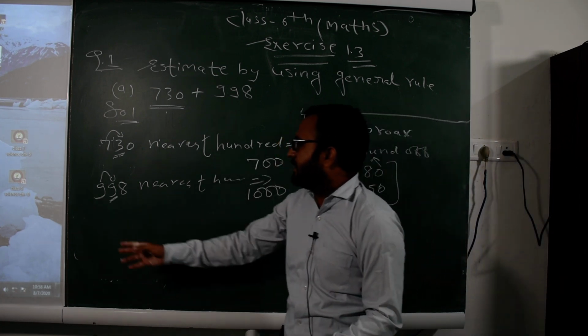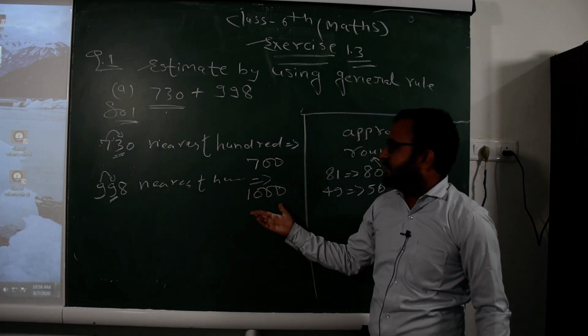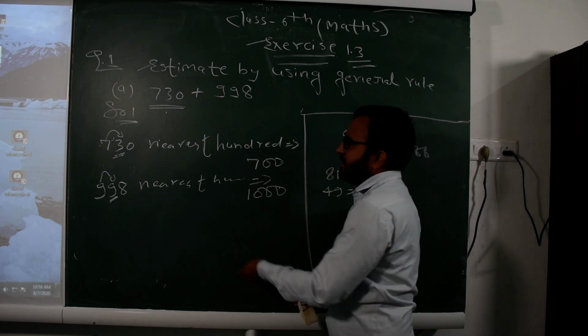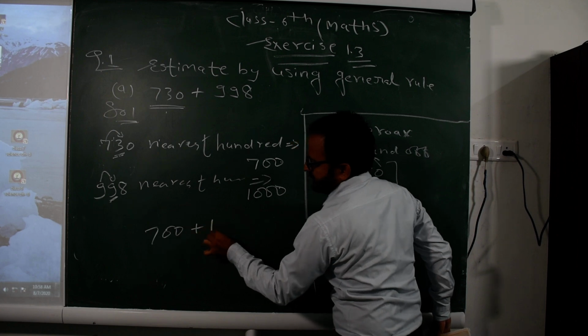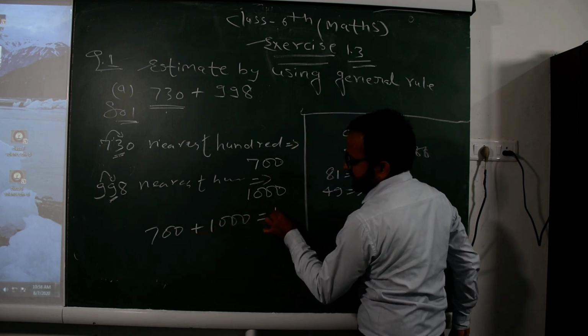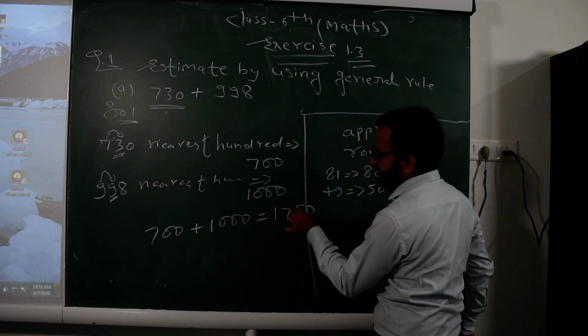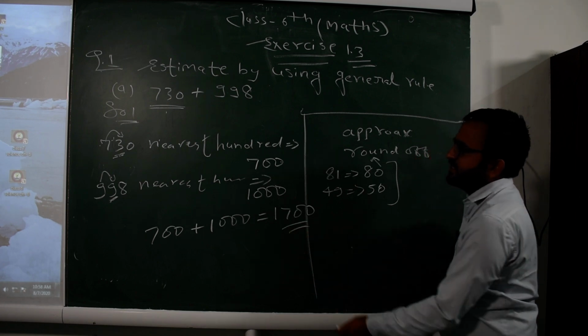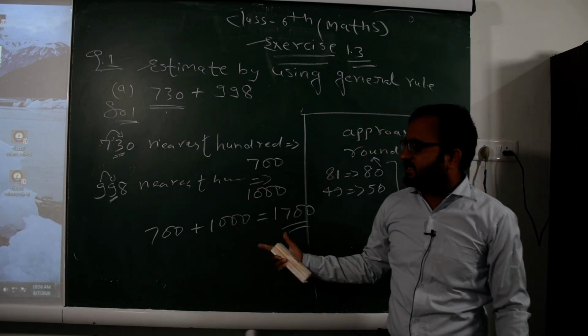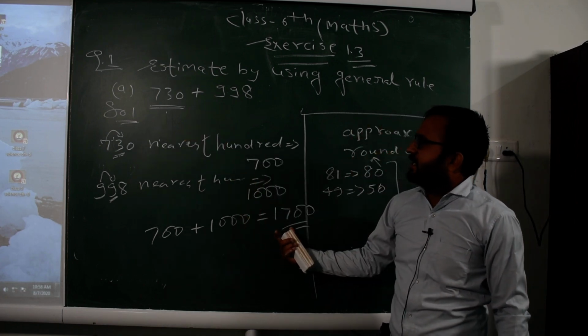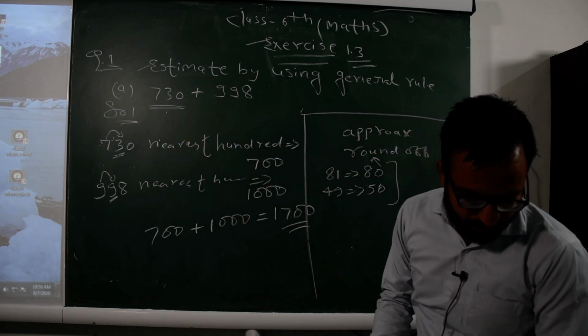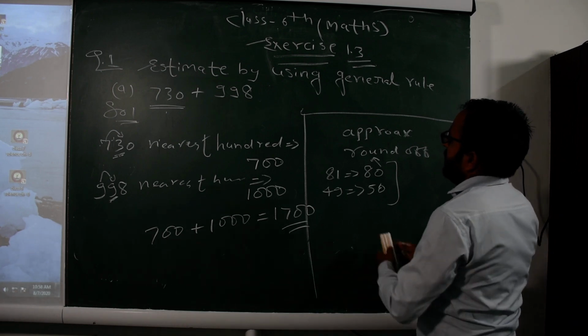So 998 to the nearest 100 is 1000. Now 700 plus 1000, that means 1700 is the estimated sum. So this is your first question answer. The answer is 1700.